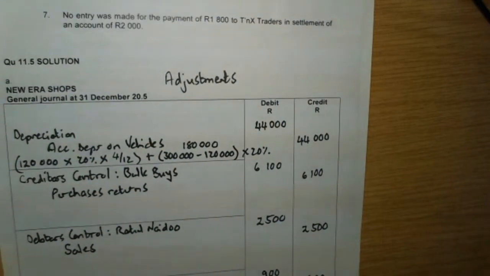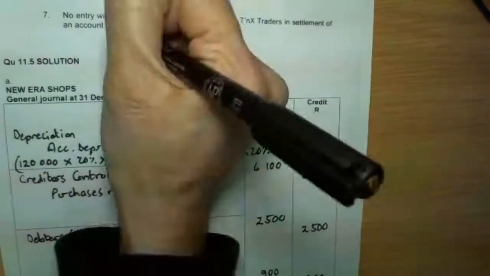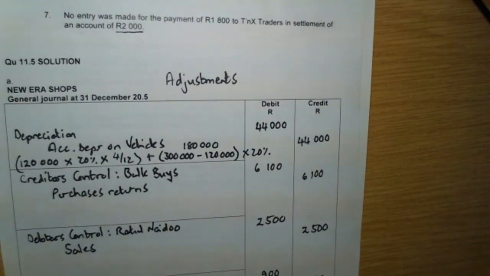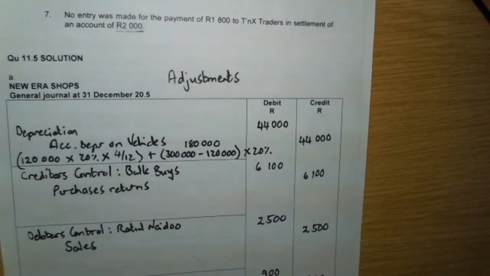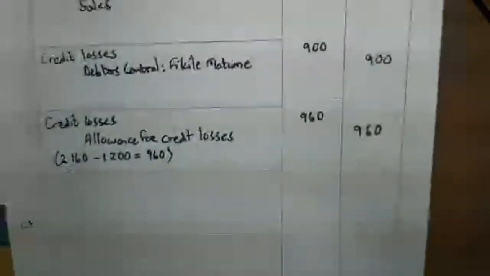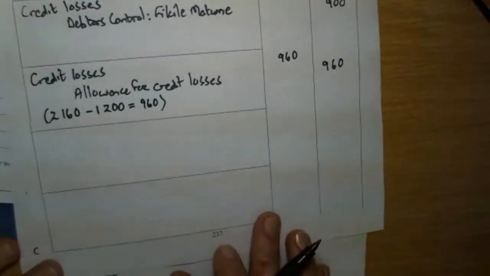So we've paid TNX traders. TNX traders will be a creditor, and we paid them 1,800, but the amount we actually owed was 2,000. So obviously the difference therefore means that we got a settlement discount from the supplier because of this payment that we made. So we are going to enter that transaction now into our adjustments.